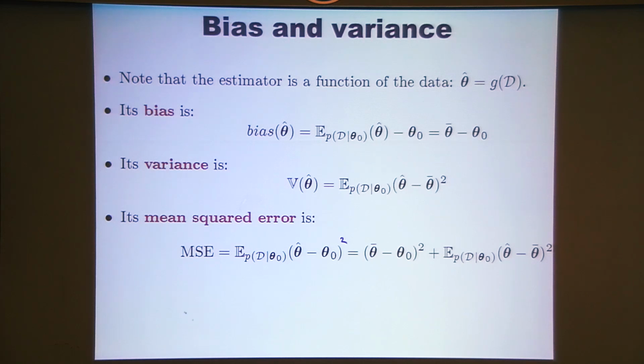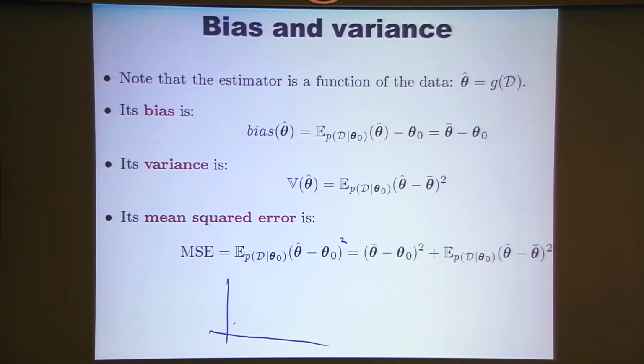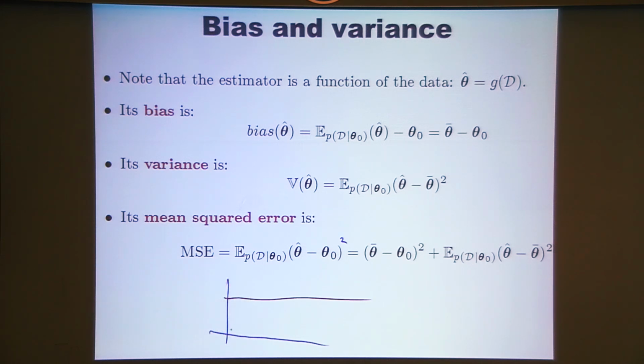So you might have an estimator. Let's bring the picture again. Let's say the ground truth. You might have an estimator that has 0 bias but very large variance.